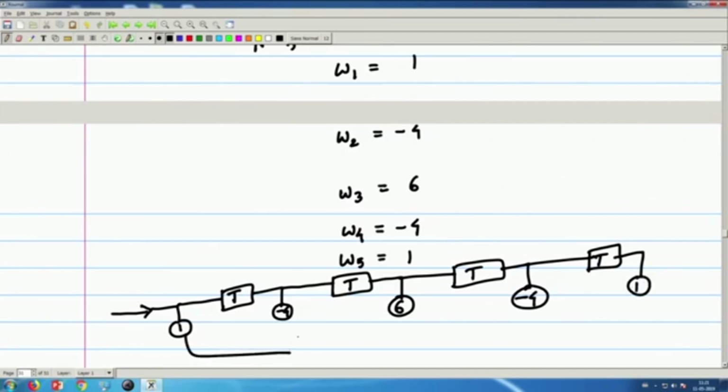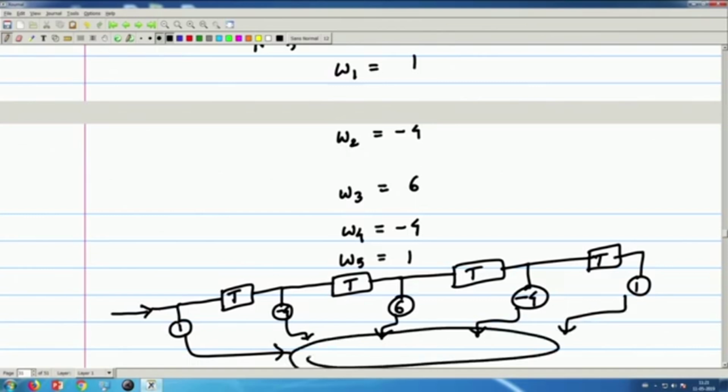All these you are summing. So, there is a summer and you are getting the output. So, if this is x(t), you are getting y(t).